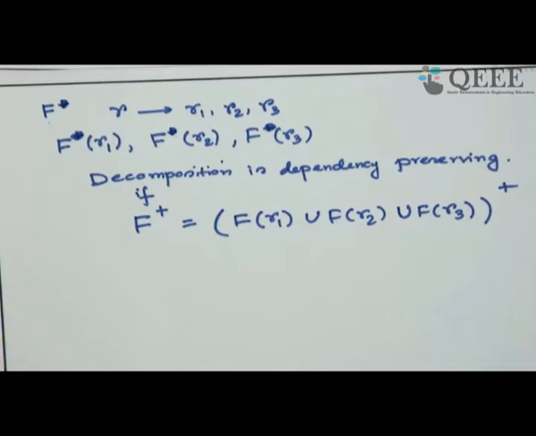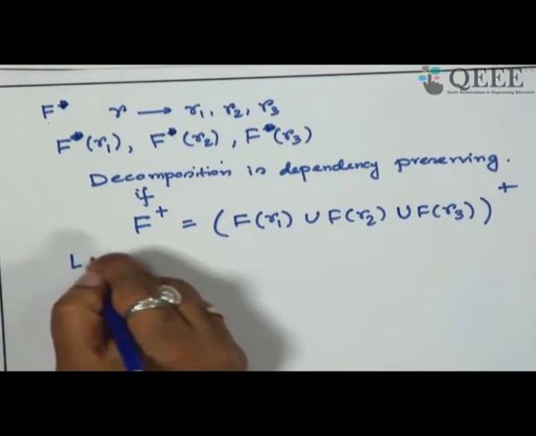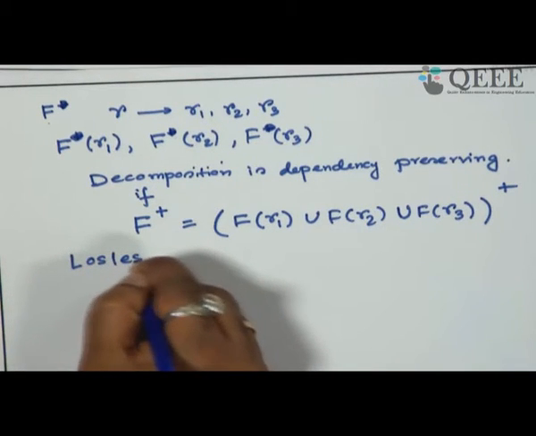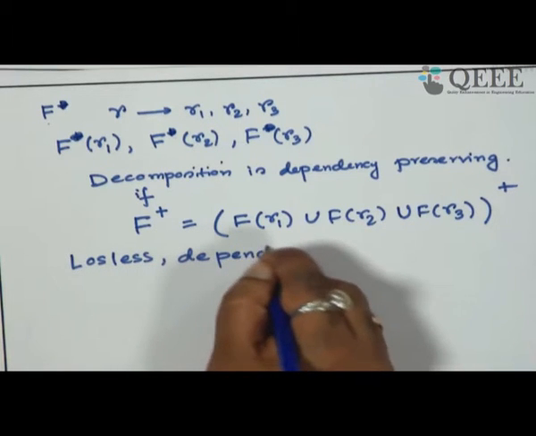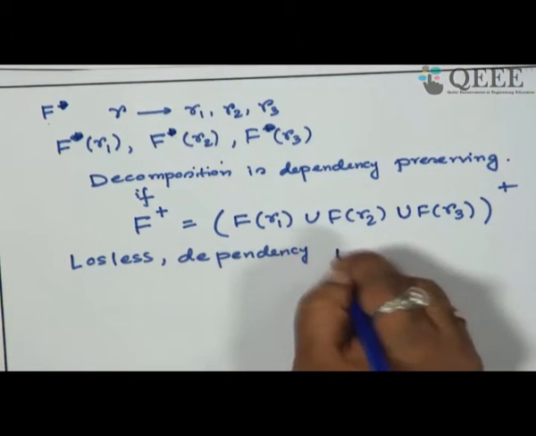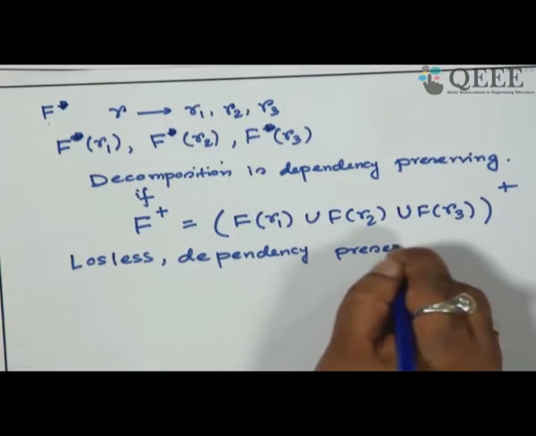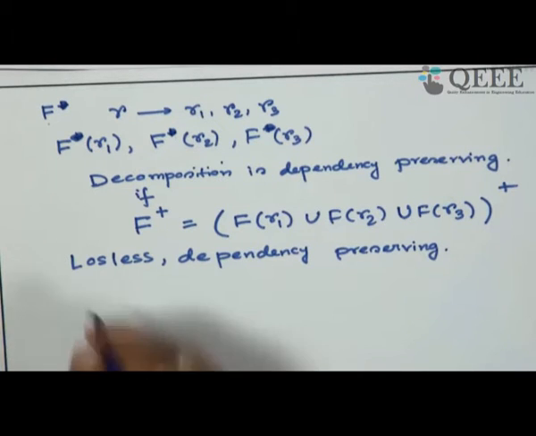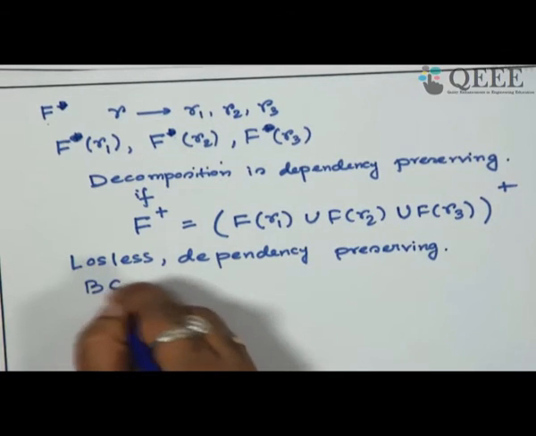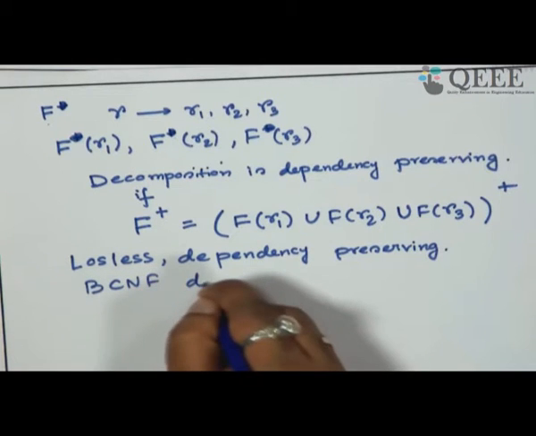In that case, I would call it a dependency preserving decomposition. So I want both these properties. BCNF does not satisfy both.